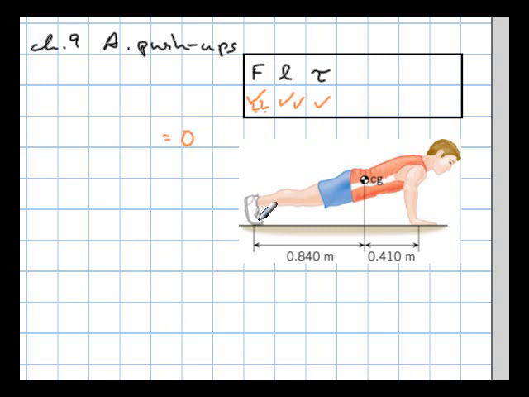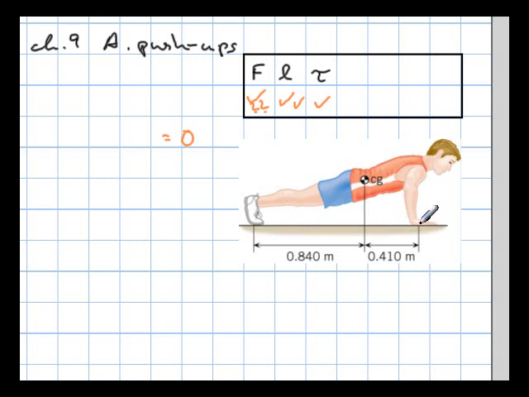It actually doesn't matter where I put it, whether here, or here, or anywhere, because the torque being 0 everywhere means that around any rotational axis, for example the shoulder, the hands, the feet, the center of gravity, or in between, it must come out to 0.